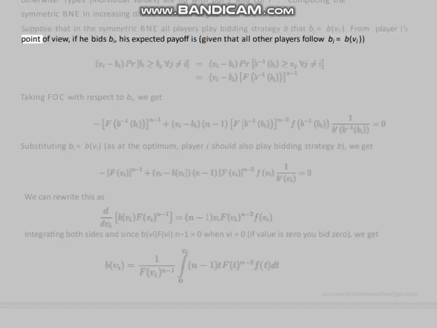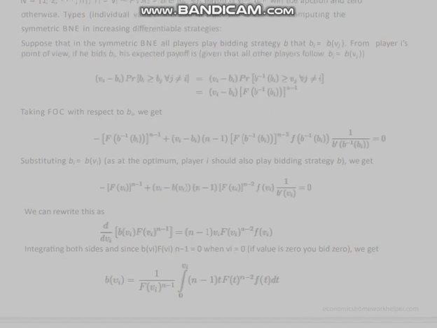From player i's point of view, if he bids b_i, his expected payoff is, given that all other players follow b_j equals B(v_j), for j equals 1, 2, ..., n, v tilde F, b_i in [0, infinity): the payoff is v minus b_i if he wins the auction, and 0 otherwise.